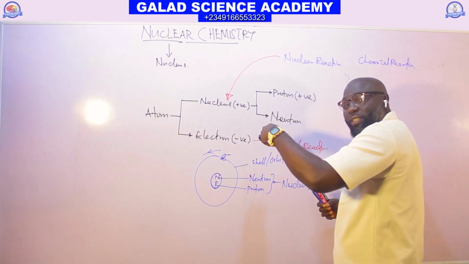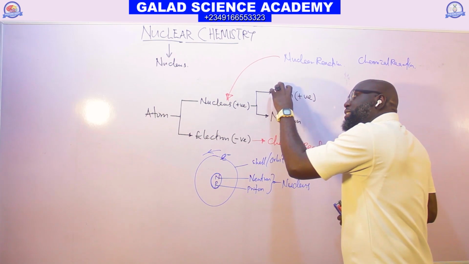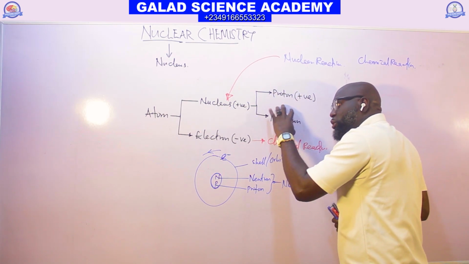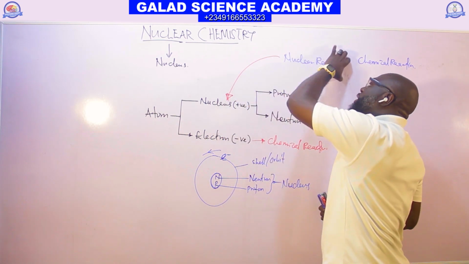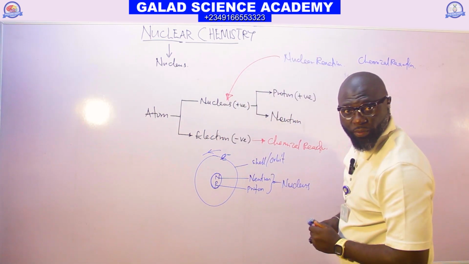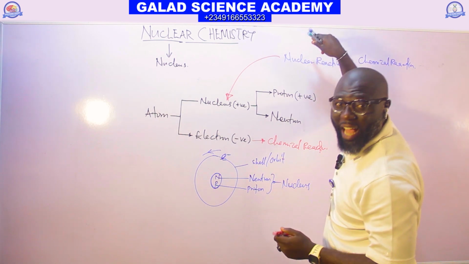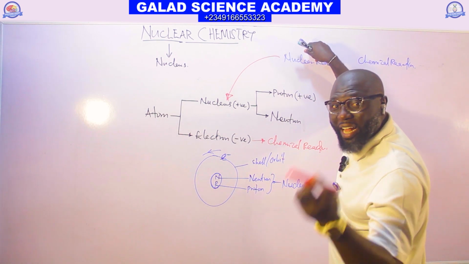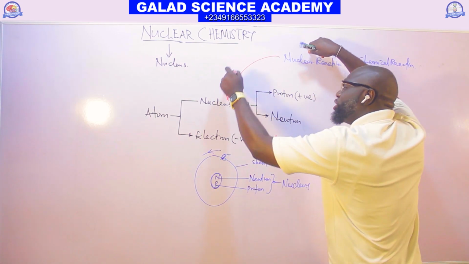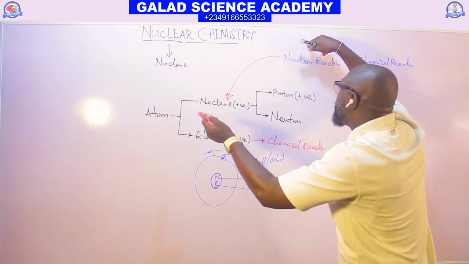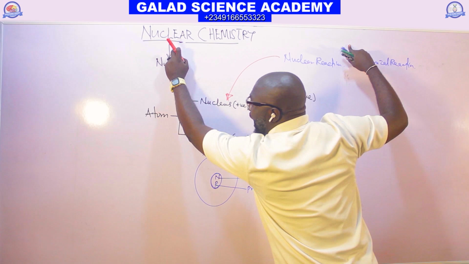The reaction that involves the proton and neutron in the nucleus of an atom, we call nuclear reaction. The aspect of chemistry that deals with the study of nuclear reaction is what we call nuclear chemistry.